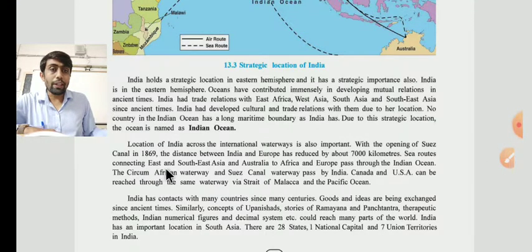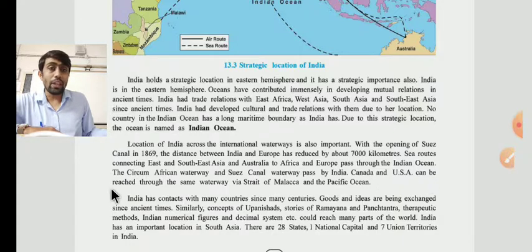The sea route connecting East and Southeast Asia and Australia to Africa and Europe passes through the Indian Ocean. The Circum-African waterways and the Suez Canal waterways pass by India.